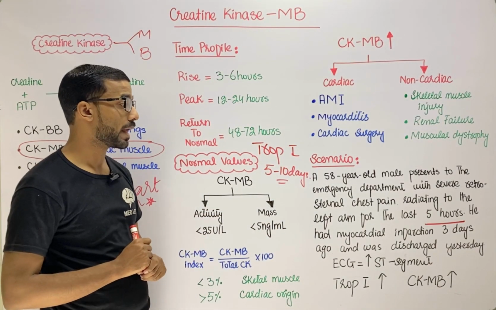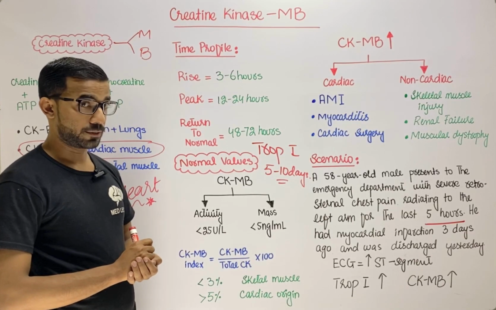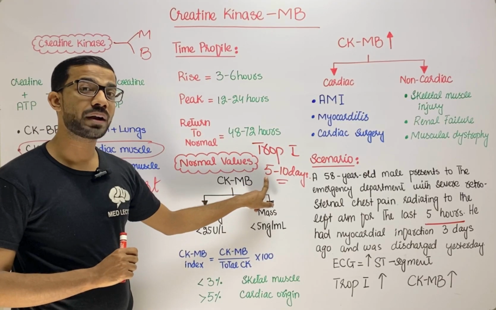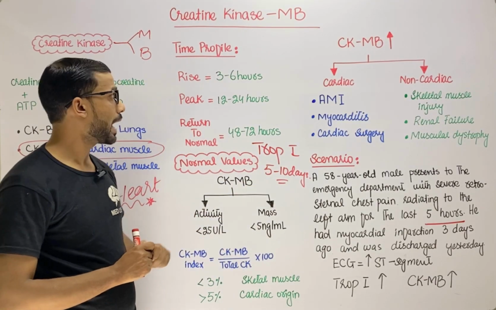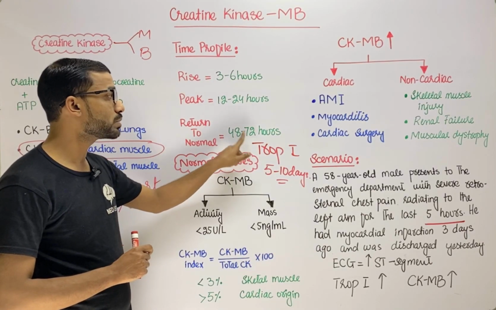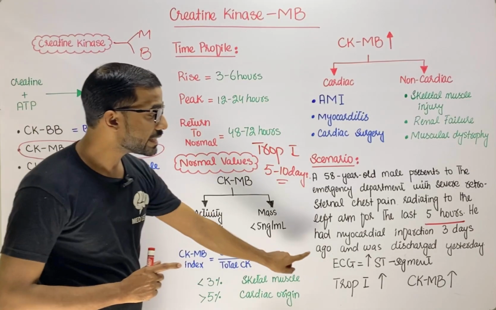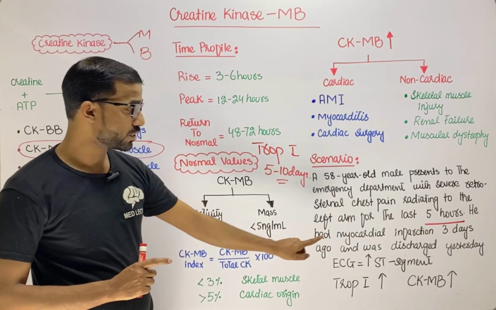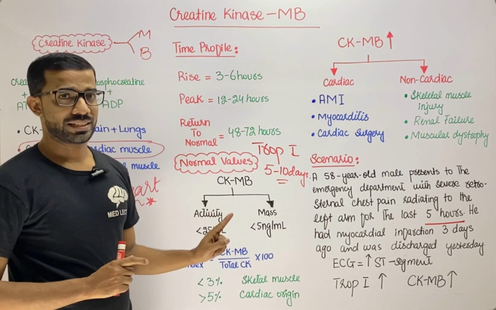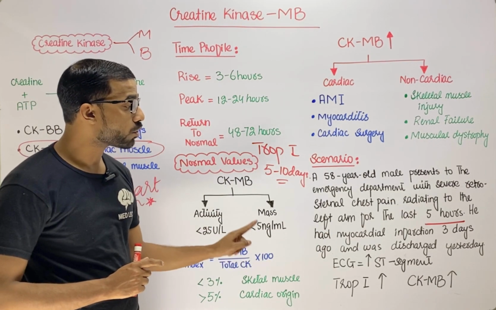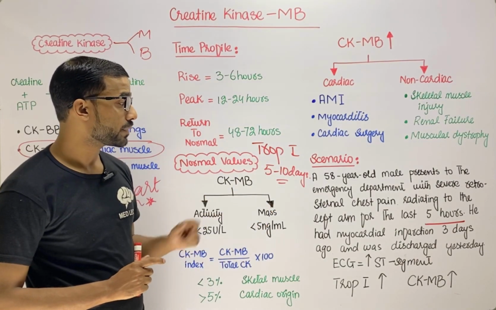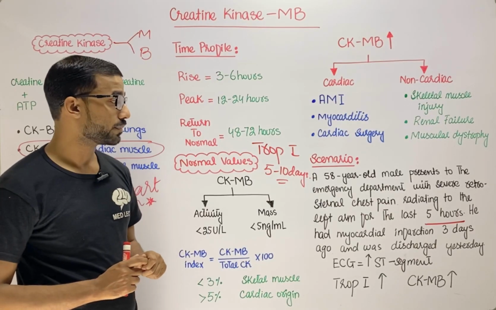But the question is, as I have told, troponin I will remain in the blood for 5 to 10 days, but the CKMB will remain in the blood for 48 to 72 hours. In the ECG you will see ST elevation, troponin I is positive and CKMB is positive.